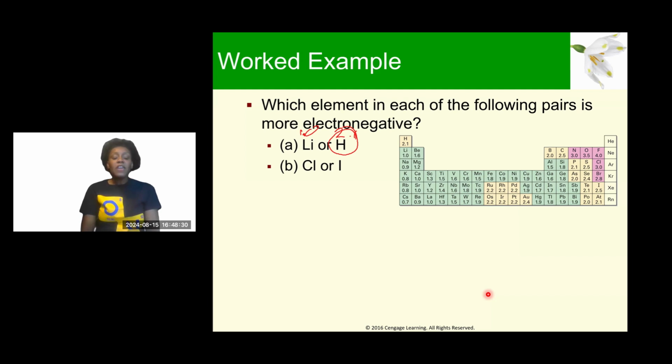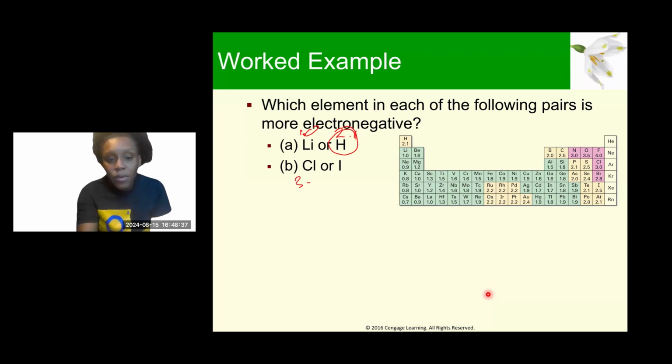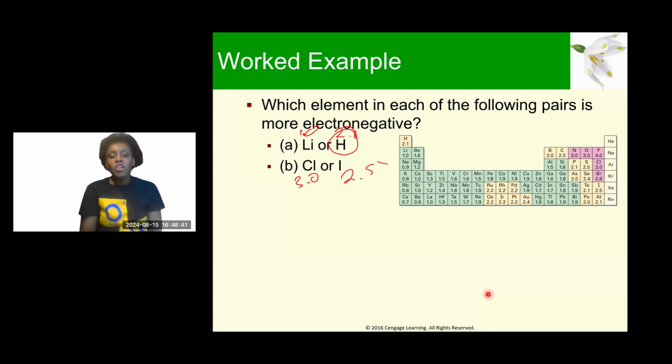All right, so if you chose between the two, chlorine has 3.0 and iodine is 2.5. So we know that chlorine is the more electronegative. Now, you could also have just looked at the placement in the periodic table. We know chlorine is higher than iodine in the periodic table, and the trend moves up. So without even looking at the numbers, just simply looking at the placement, you can also tell that as well. Also, hydrogen is higher on the periodic table in the same group as lithium. So we would know that as well.